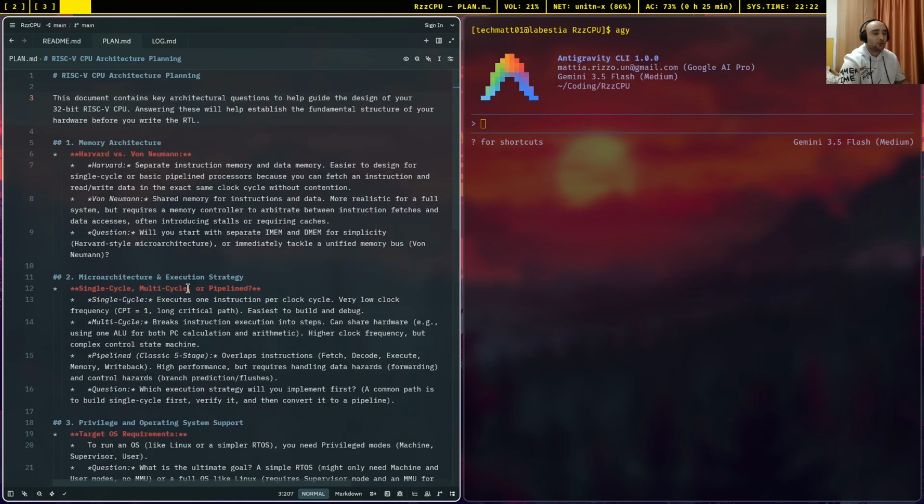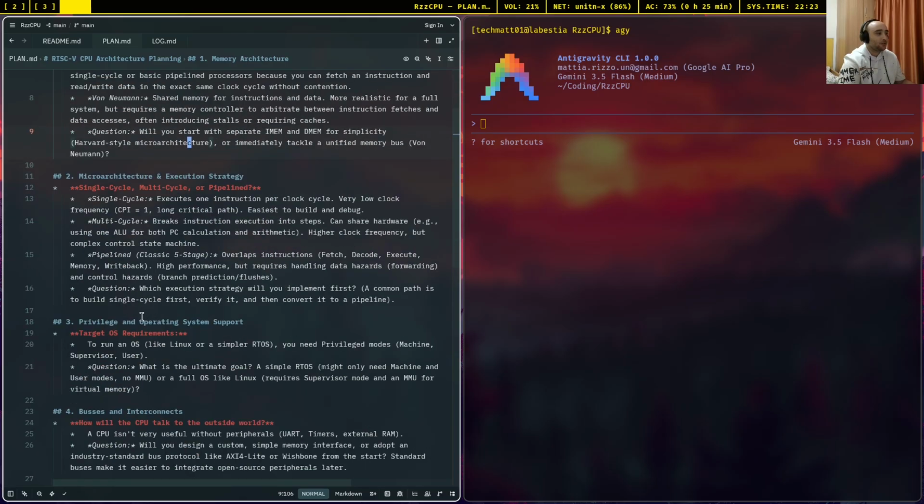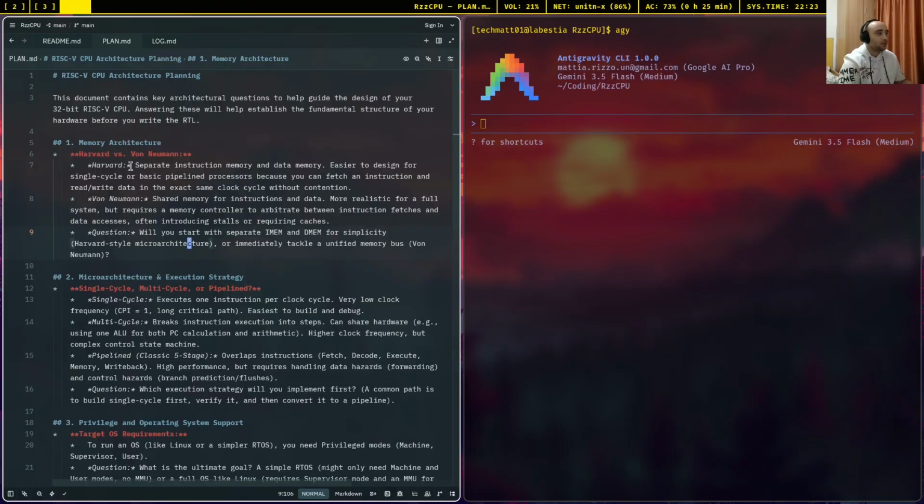I asked it to generate some questions which it thinks are useful when creating a new CPU from scratch. Let's see if they actually make sense or if there are other questions that we should add. So this document contains key architectural questions to help guide the design of your 32-bit RISC-V CPU.